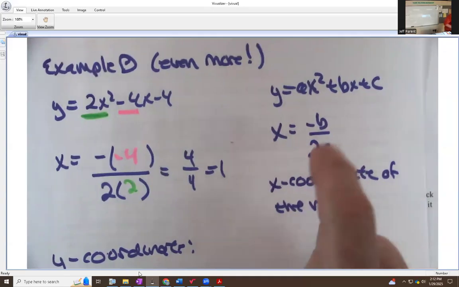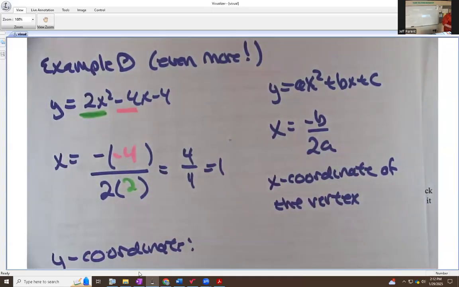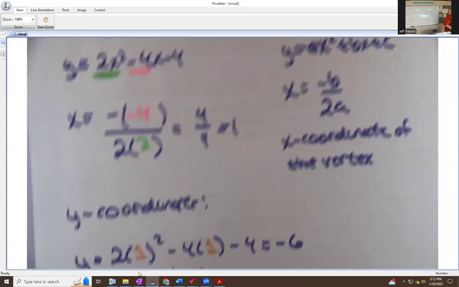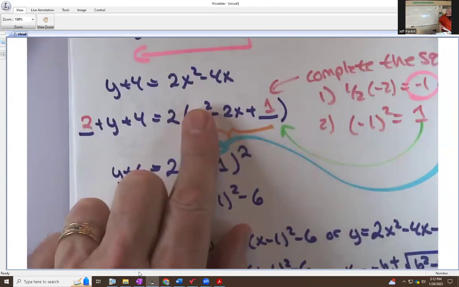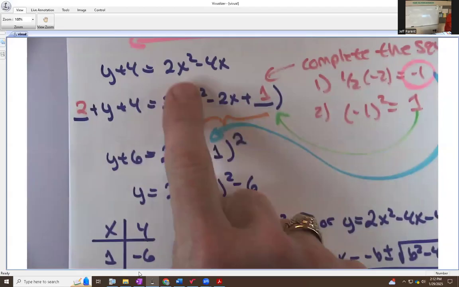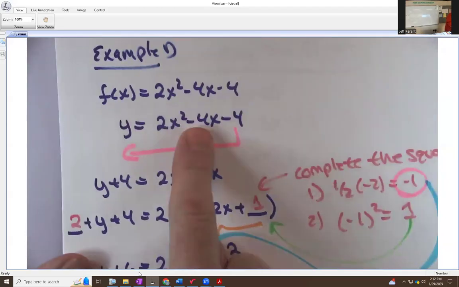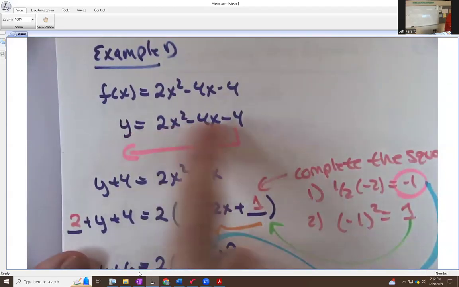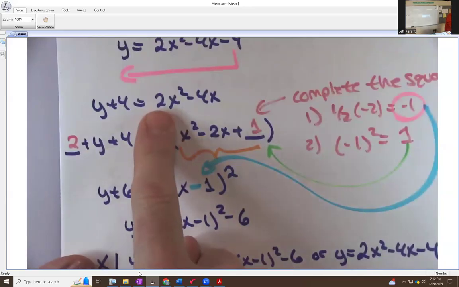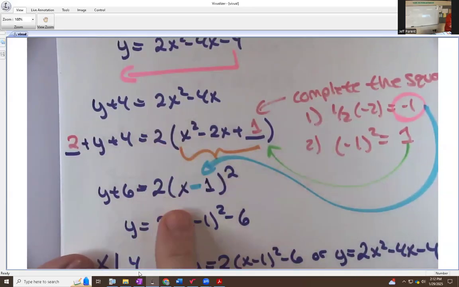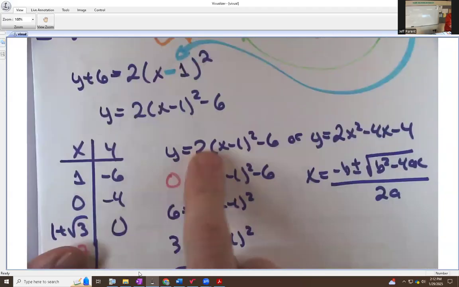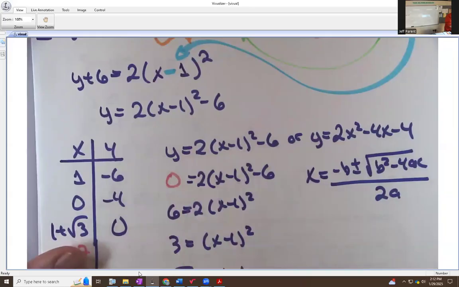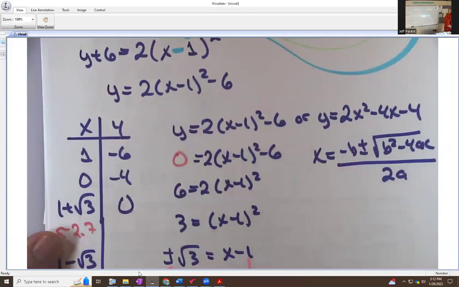So do have this formula in mind. And you should be able to complete the square. This procedure right here, where we started out with a parabola in standard form, I moved the 4 over, I factored out the coefficient here, we completed the square, and then we had it in vertex form. So from there, you pick whatever formula is easiest, and then you can plot all these points.